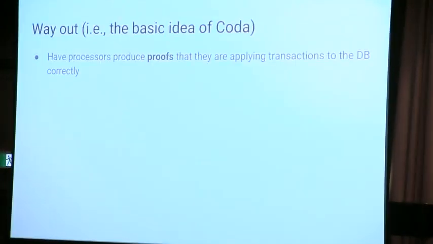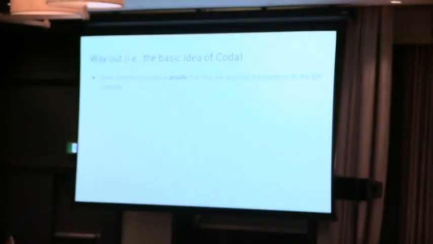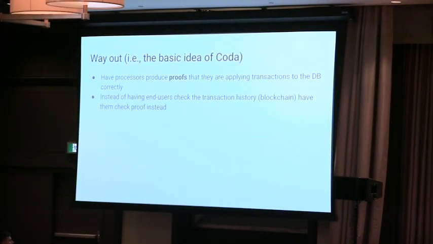Okay, so what to do? This is the basic idea of how Coda works. You have these processors, block proposers, who produce proofs that in fact they are applying blocks or transactions correctly to the database. And then instead of having end users check the transaction history, the blockchain, they can just check the proof.